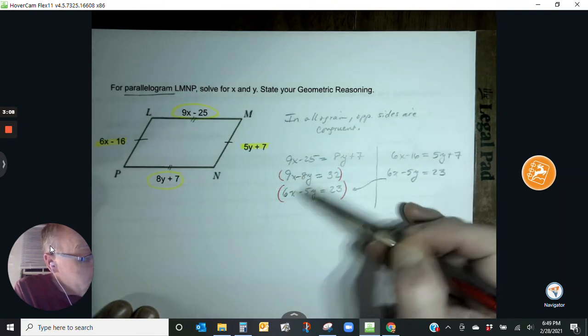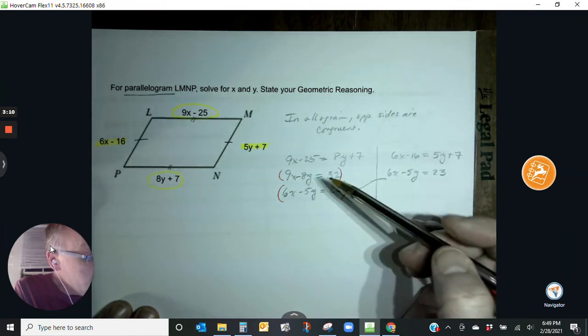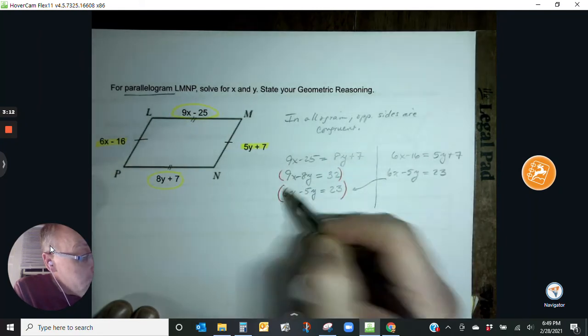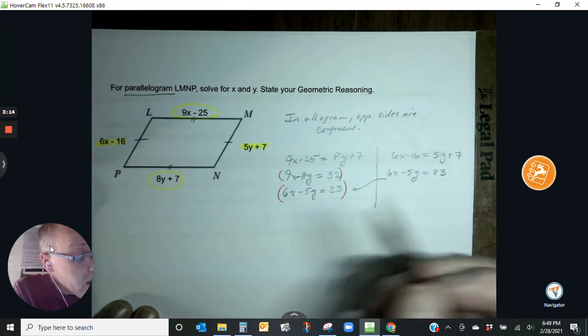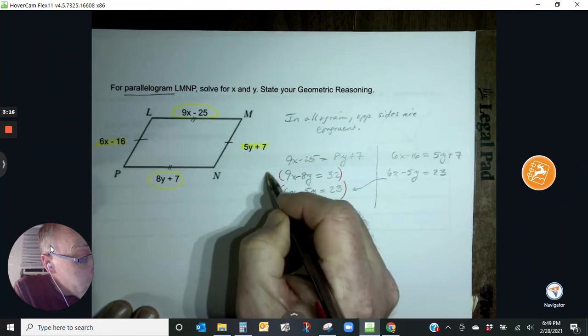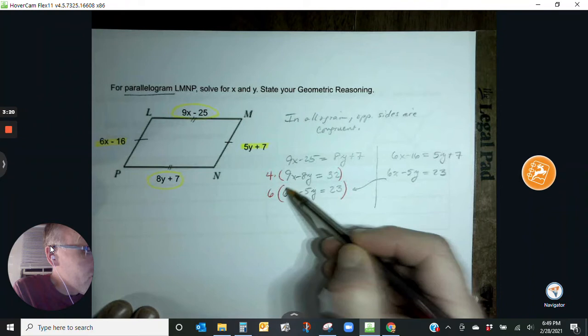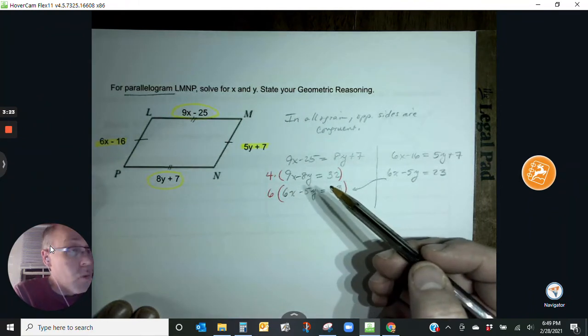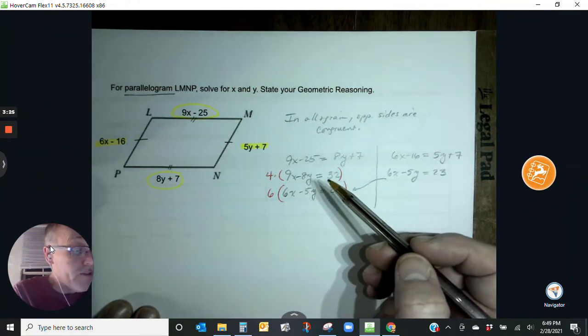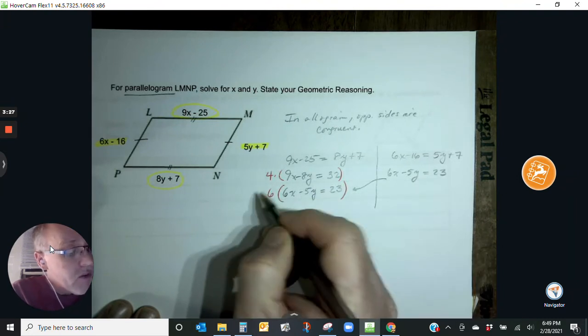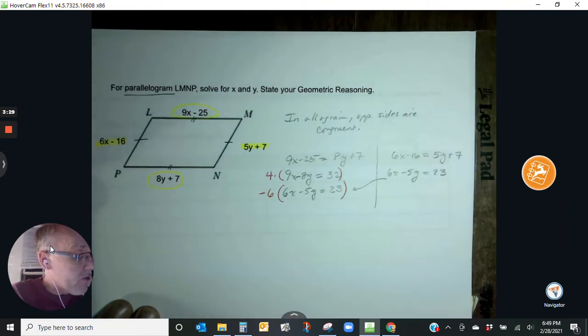It doesn't matter. I could have gone for the y's. Both of these go into 36. So if I multiply this by 4 and I multiply that by 6, I would get 36 up here. However, I also want one to be positive and one to be negative so that I can just add them. So I think I'll do the bottom by negative 6.